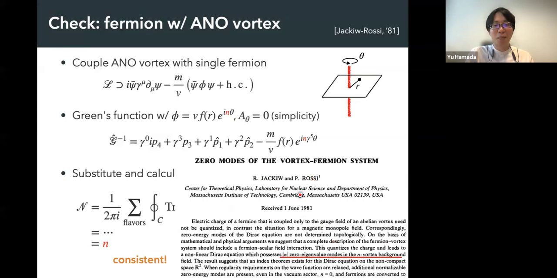This is the original paper by Jackiw and Rossi, and they stated that when we consider n vortex background, we have n massless modes. So this is consistent with this result. This means that our topological invariant successfully counts the number of zero modes appearing on the string.